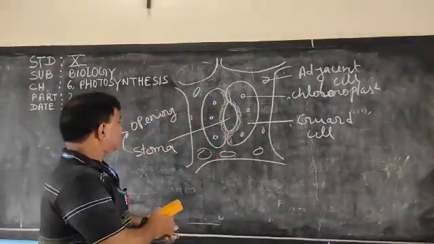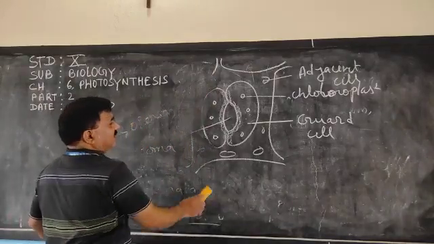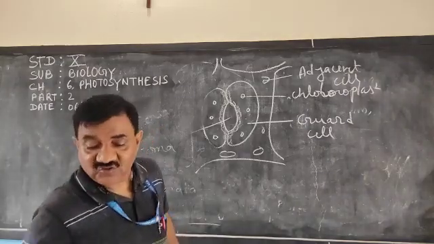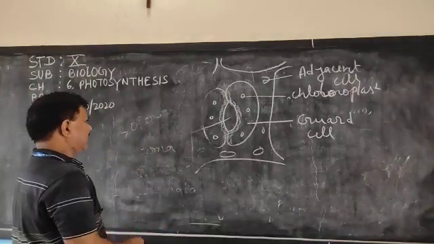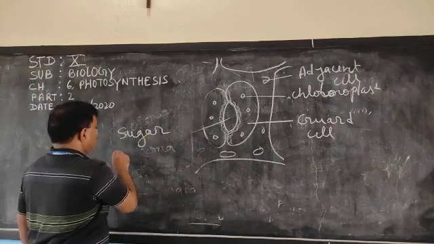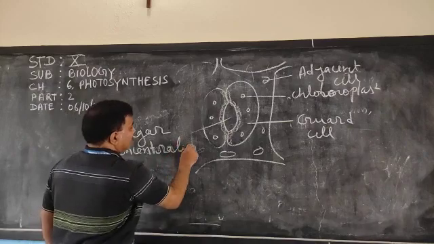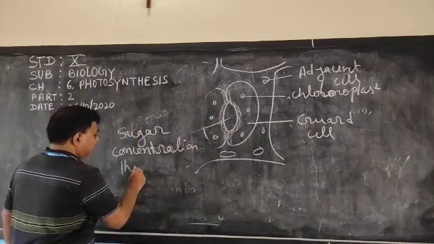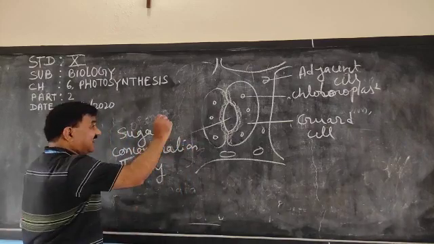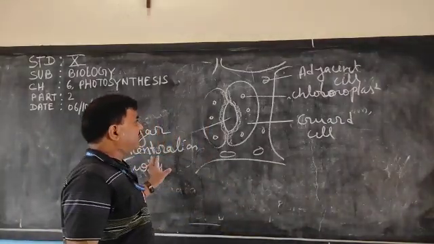Now, two theories related to opening and closing of stomata. Those two theories are, one old theory, and that is the sugar concentration theory. Dear children, what is there in the sugar concentration theory?